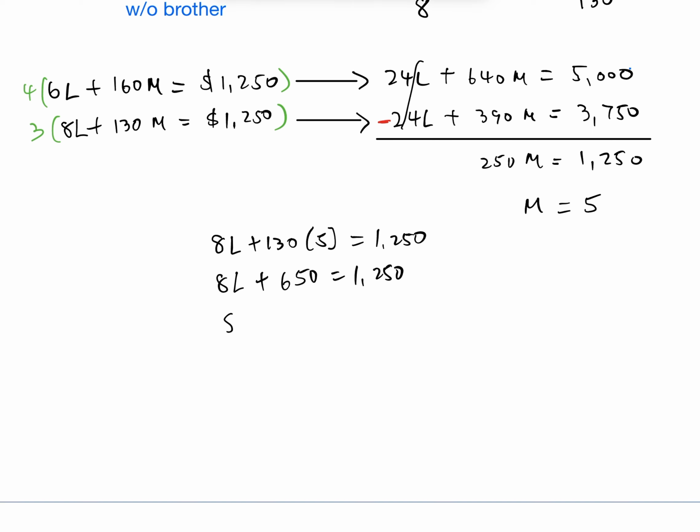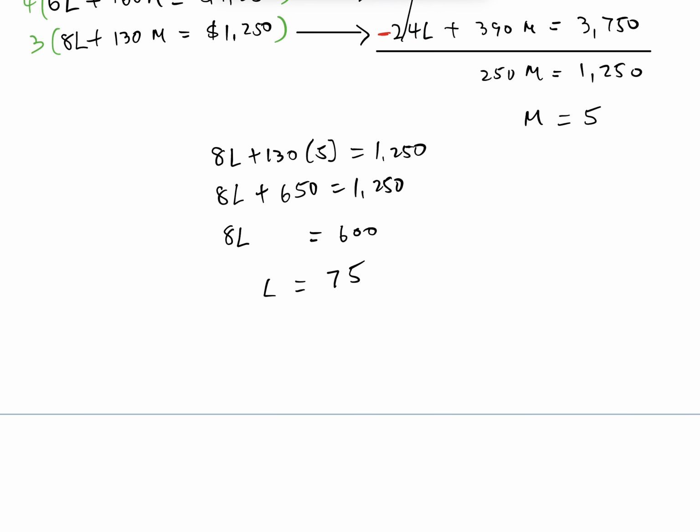Subtracting 650 from both sides, 8L is equal to 600. And then dividing both sides by 8 gives us 75. So loading and unloading, the rate is going to be $75 per hour.